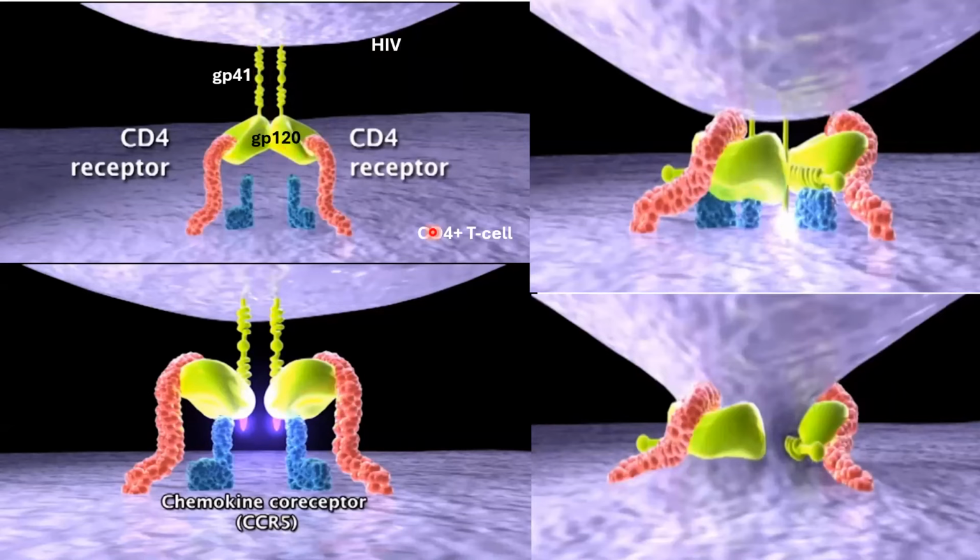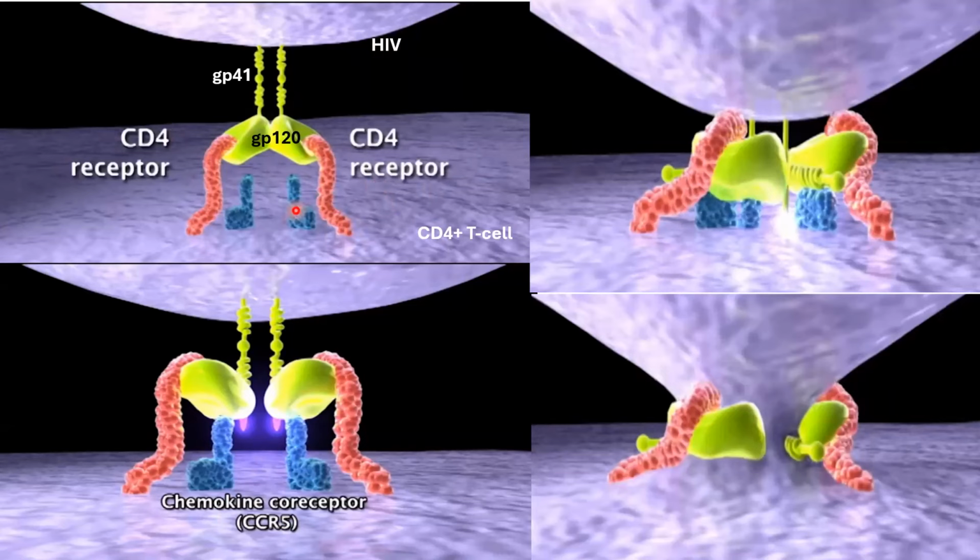On the CD4 T helper cell, which is the one on the bottom here, we have two receptors. The red one here is the CD4 receptor, and the blue one here is the chemokine receptor, or CCR5. Okay, so you need to remember that all the receptors that start with C are the ones on the CD4 T helper cell.